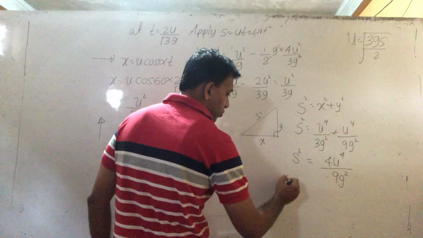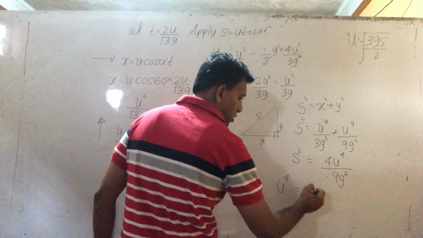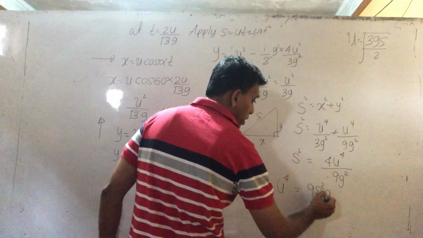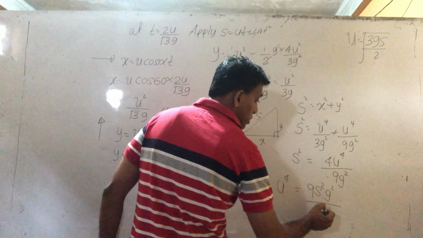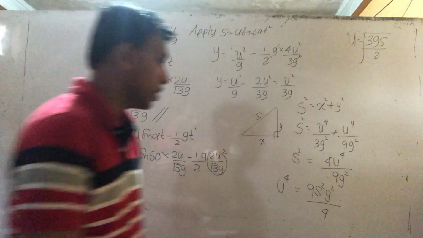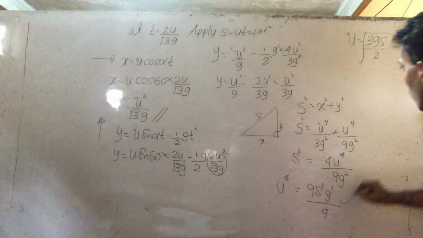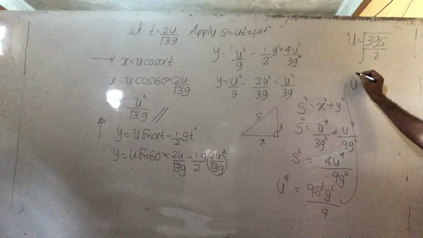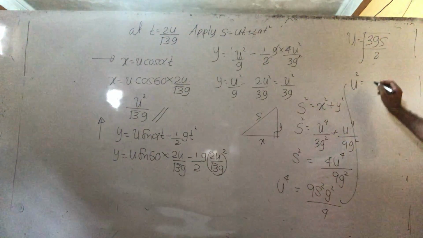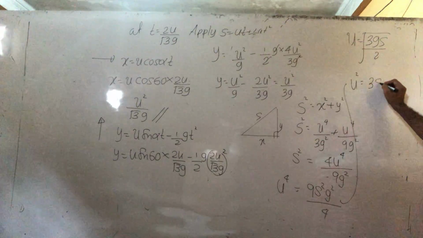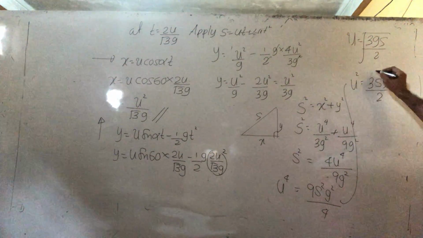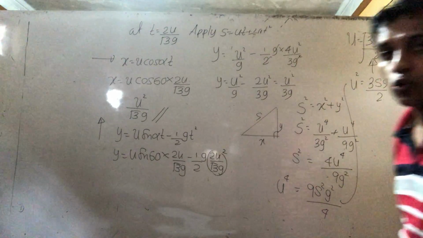So u to the power 4 is 9s square g square over 4. Square of a square. Therefore, what is u square? Take the square root, 3sg over 2. So what is u? This is the answer. U is that, right?